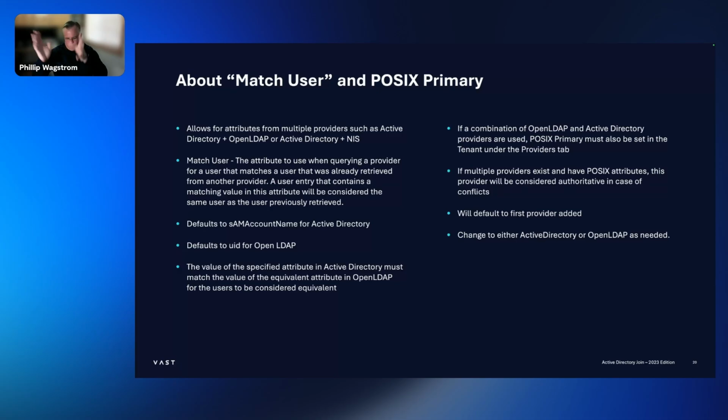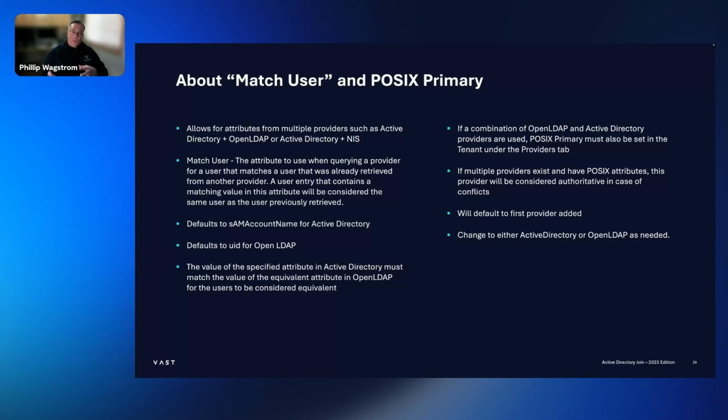Phil's user information has this, and his sAMAccountName is PWAGs. We're going to look at the match user variable here, look at that object, and not see any Unix information, but I see this match user variable. Match user is sAMAccountName, so I know I'm going to take PWAGs here.